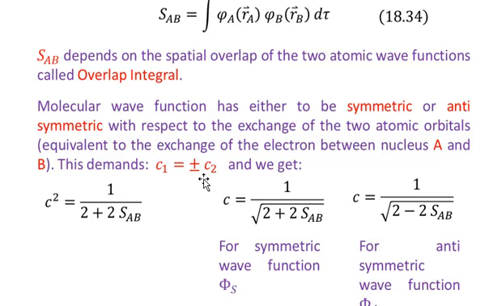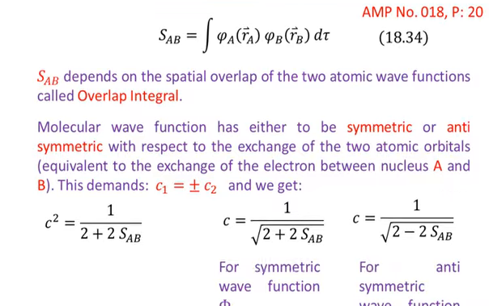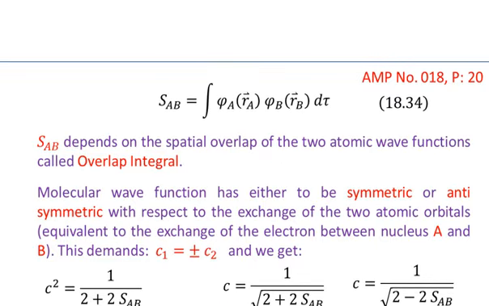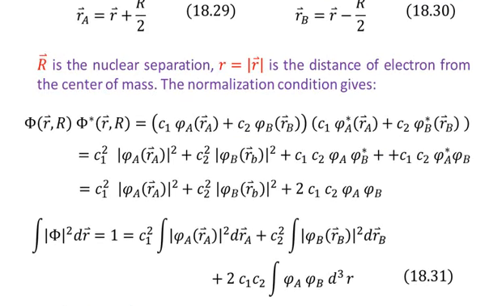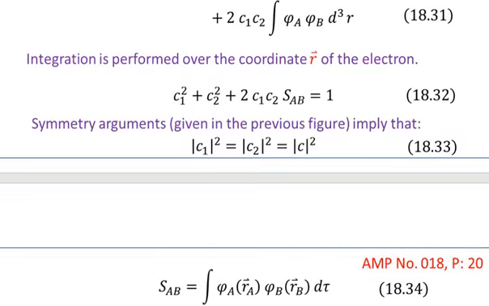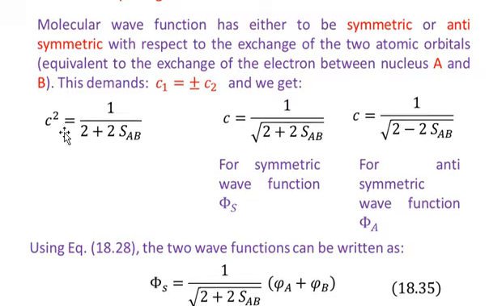So you see that substituting the values of C1 and C2, that is, replacing C2 with either plus or minus C1, you can represent these two constants C1 and C2 in terms of the constant given on the rightmost side of equation number 33, that is the constant C. So in terms of that constant, you can write C square is equal to 1 over 2 plus 2 times S_AB. You know that C1 and C2 can be substituted in the wave function which is given over here.